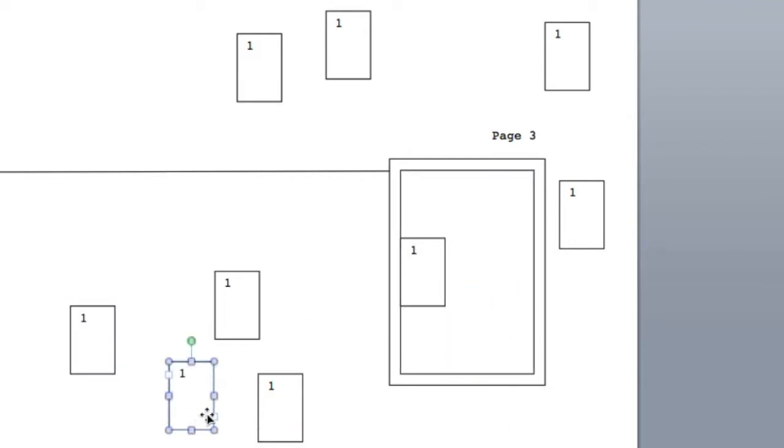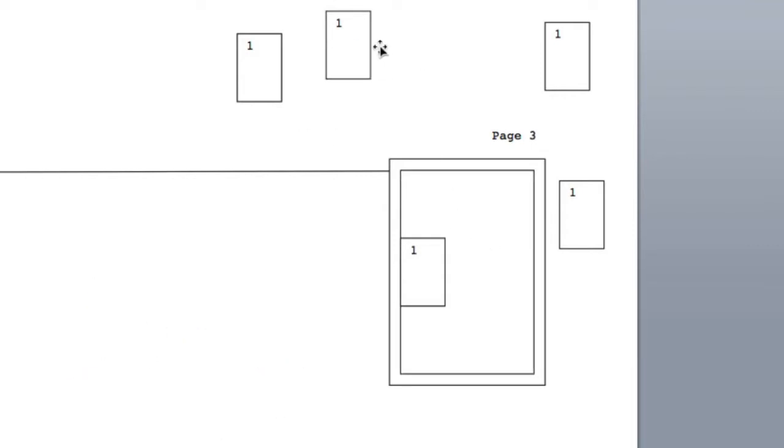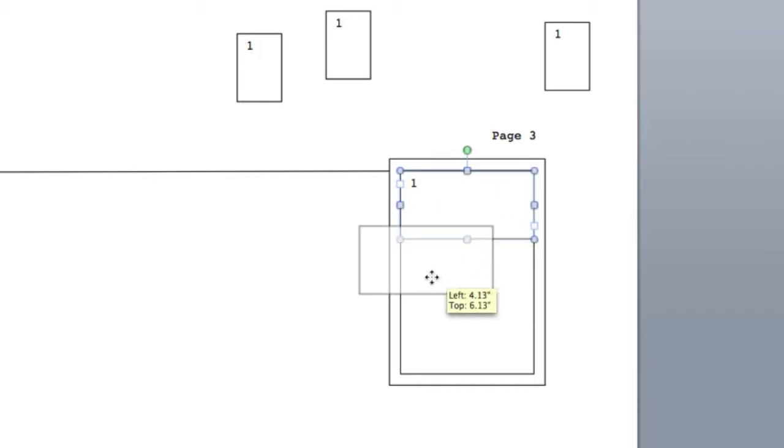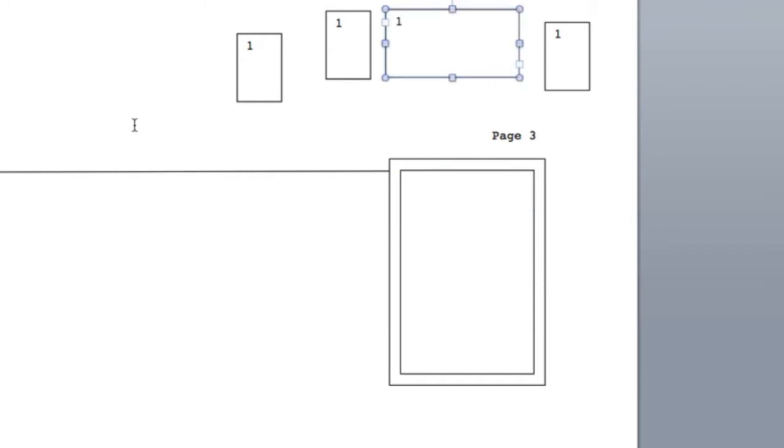So let me, I only need 4 panels. Let me just take out all but the 4 here. Let's say the first panel is that size, and these are just little polygons that you can play with in a Word document.